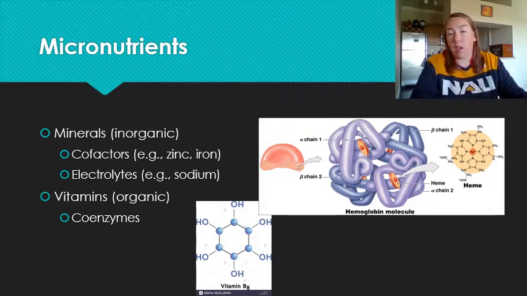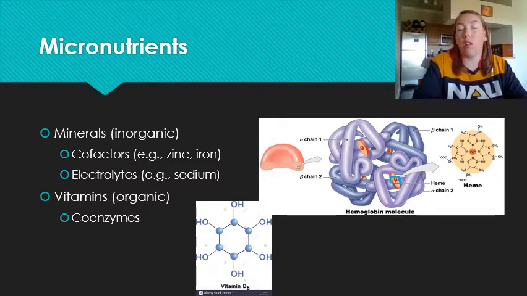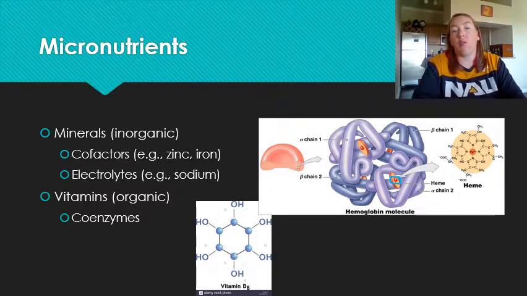An example here is iron, these red dots here inside of a protein molecule called hemoglobin. Remember, enzymes are proteins. So in order for hemoglobin to carry oxygen to your cells through your blood, through your red blood cells, they have to have that iron in there. In that case, iron is functioning as a cofactor.